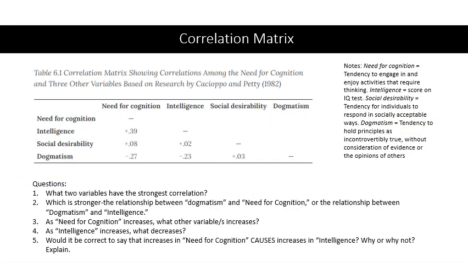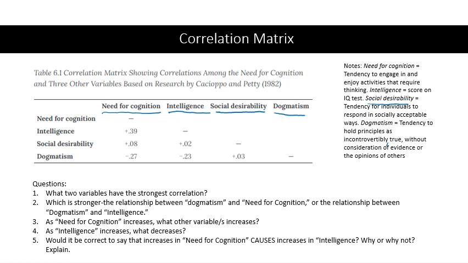So in this slide, you can see that we're looking at 4 variables. We have need for cognition, intelligence, social desirability, how much they want to be seen as socially desirable, and dogmatism. These terms are defined over here. So social desirability is the tendency for individuals to respond in socially acceptable ways.